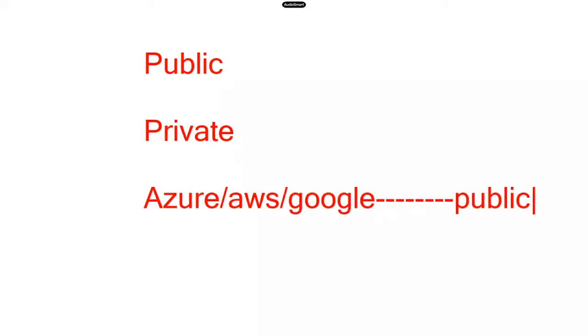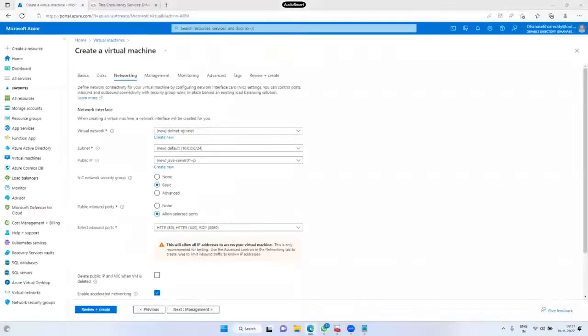Public in the sense that if I deploy this VM and share the username and password with you, you can sit anywhere and connect to my machine. That is what a public cloud is. Public means the resources can be accessed from anywhere in the world. Got it? All you need is internet connectivity. So by default, as I said, public.